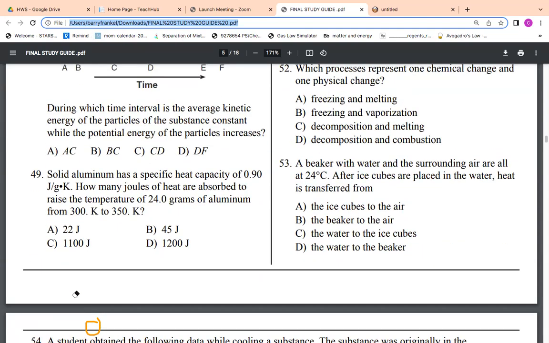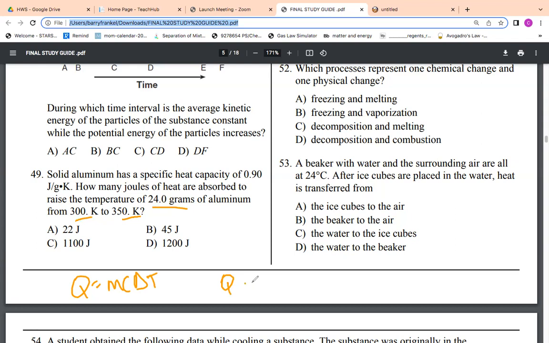49. Okay, this is another specific heat question. So again, we're using Q equals MC delta T. Solid aluminum has a specific heat capacity of 0.9 joules per gram Kelvin. How many joules of heat are absorbed to raise the temperature of 24 grams of aluminum from 300K to 350K? So we don't know what Q is.